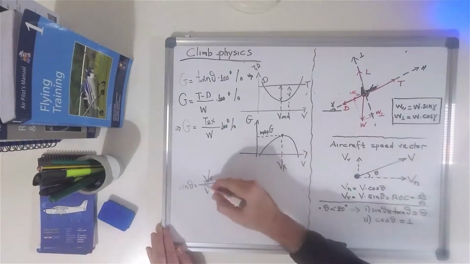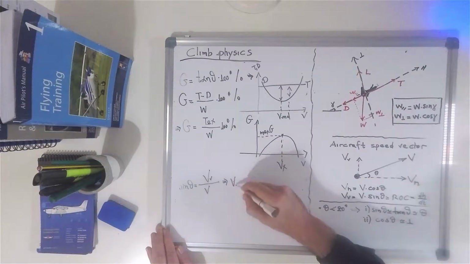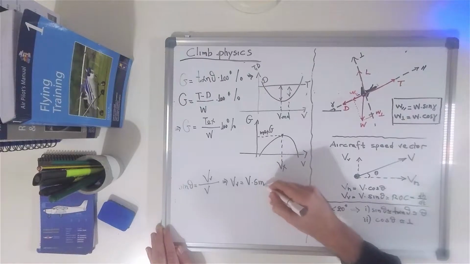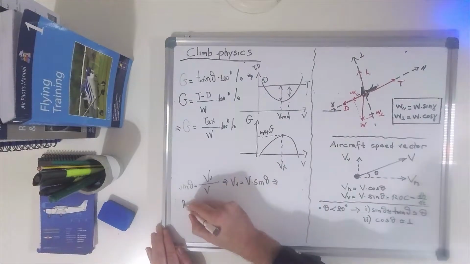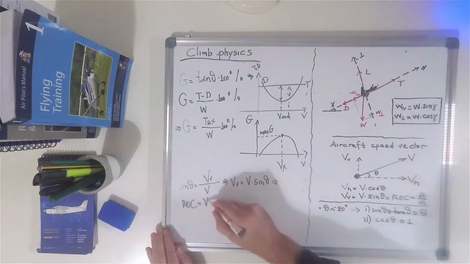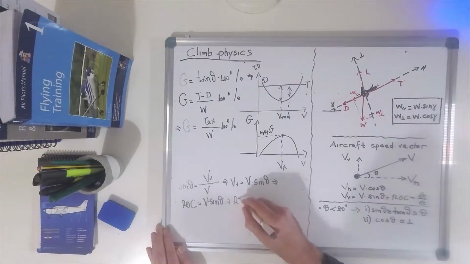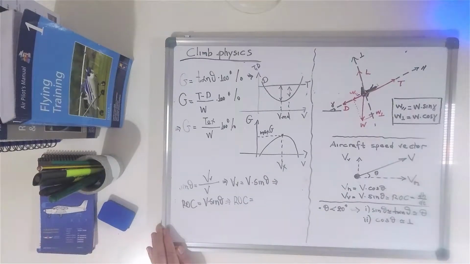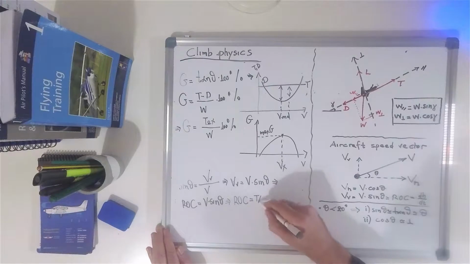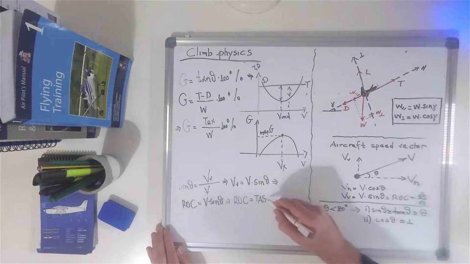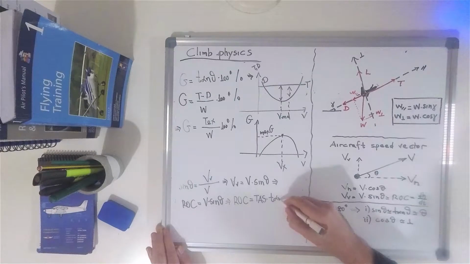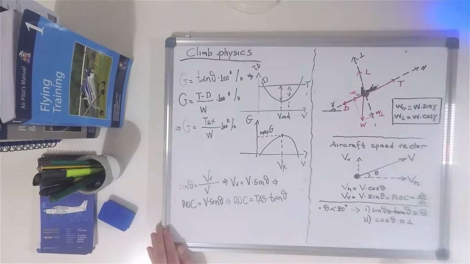So this is the rate of climb, and since the angle of climb is less than 20 degrees, sine is approximately equal to the tangent of the angle of climb. So the rate of climb is equal to the true airspeed multiplied by the tangent of the angle of climb.